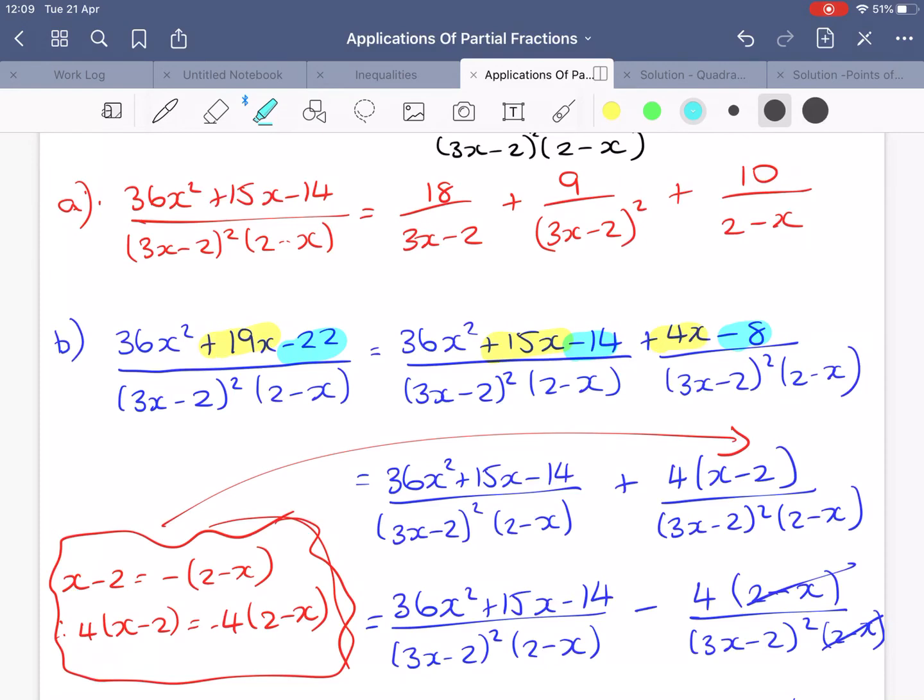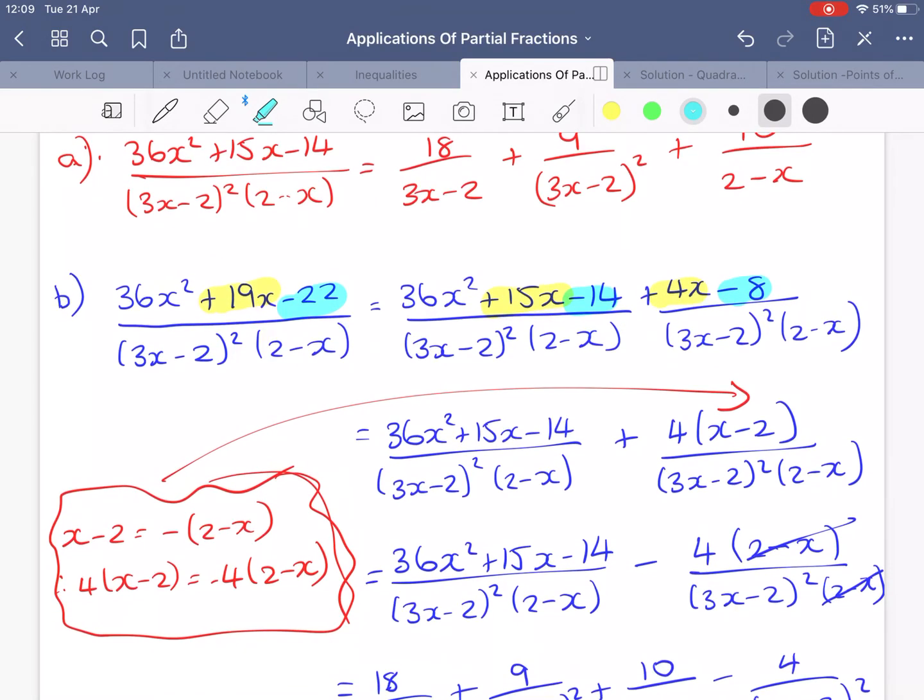So now this is where it can look a bit different, this one. So I will take a minute just to explain. Obviously we took a factor of 4 out here and we had x minus 2. But unfortunately at this moment these two don't exactly match. They look very similar but they don't exactly match. So you've got to remember, look over here, if you take out a factor of minus 1, then you effectively have minus x plus 2, or 2 minus x.